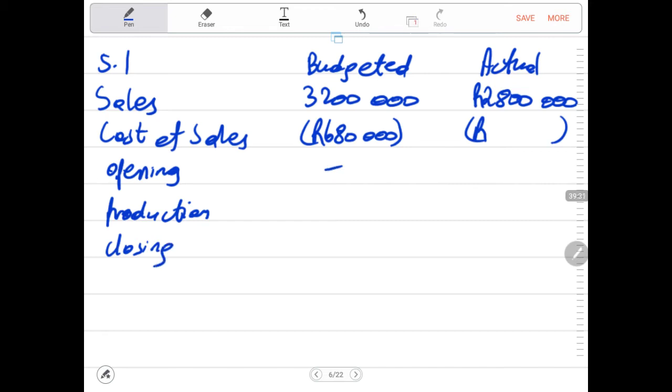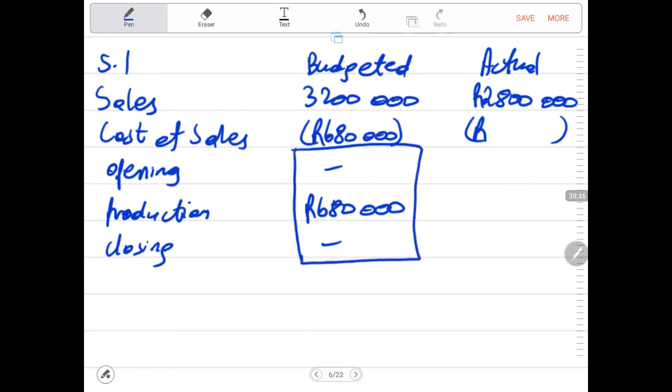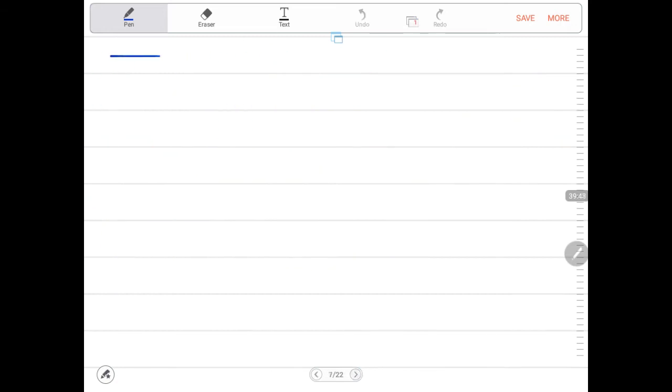Here there was no opening and our budgeted production is 680,000 rands and there's no closing. So my cost of sales remains the same amount. That means I should have budgeted cost.